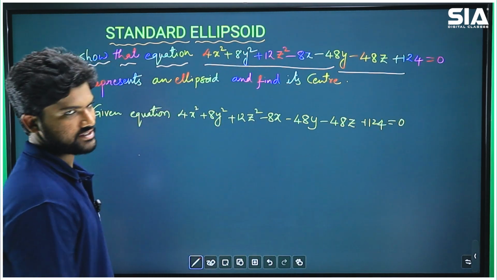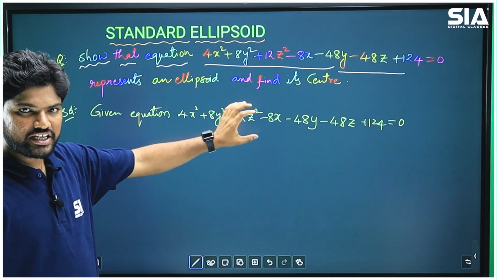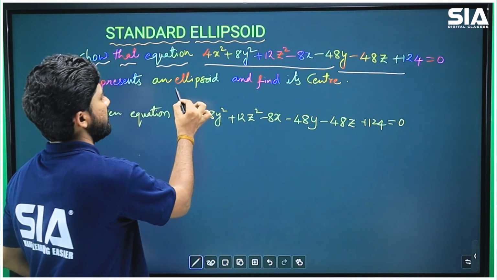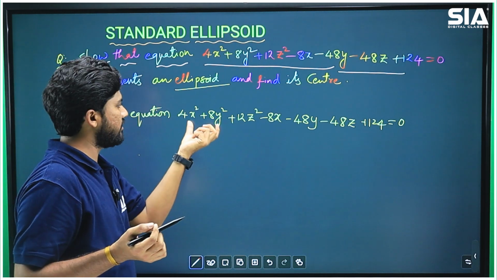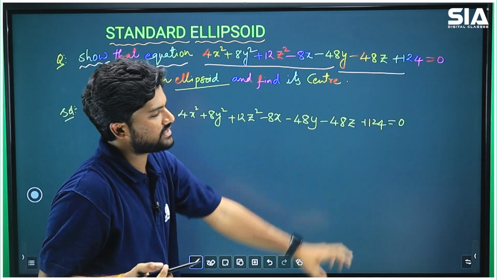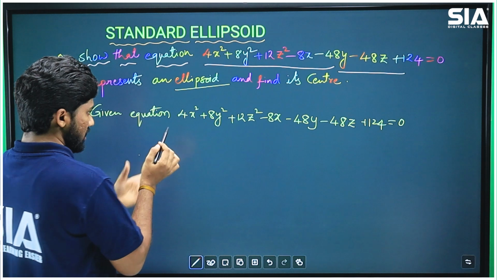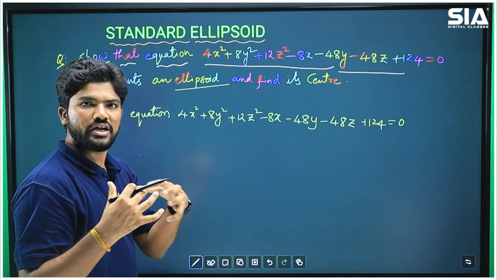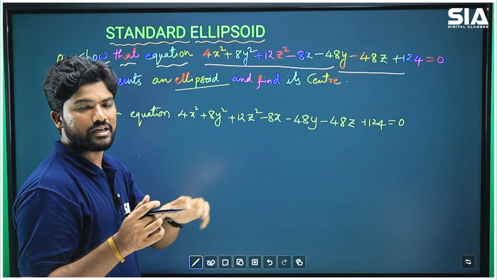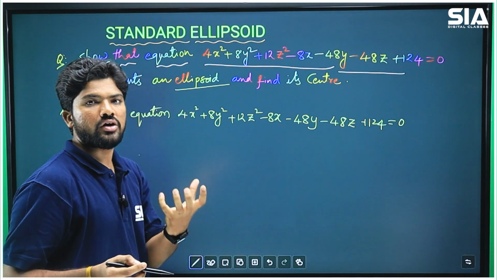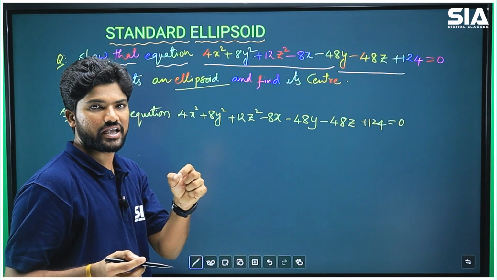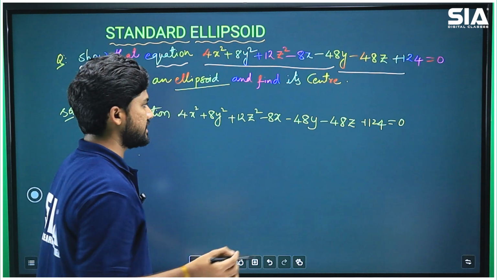This is the given equation. What they are saying is that this equation represents the ellipsoid. Whenever you have x square, y square, z square, x, y, z, like these problems we have done in intermediate level also, in parabola, ellipse, hyperbola, with center at non-origin. That means there we have the center as h comma k.